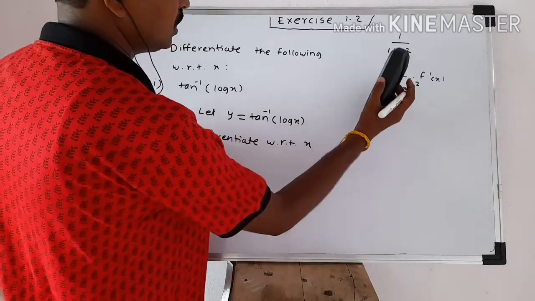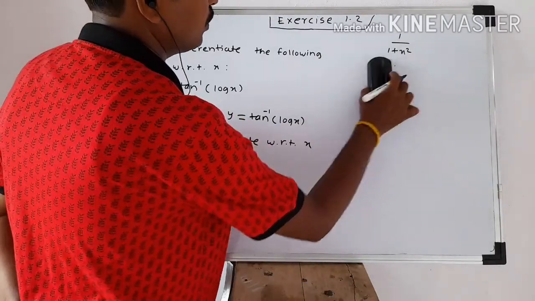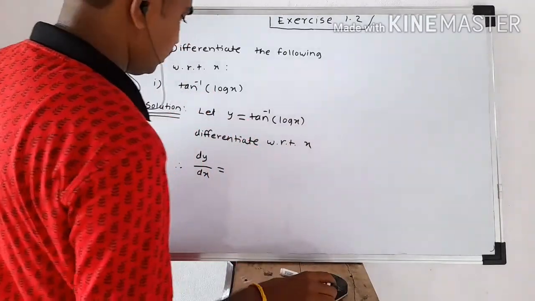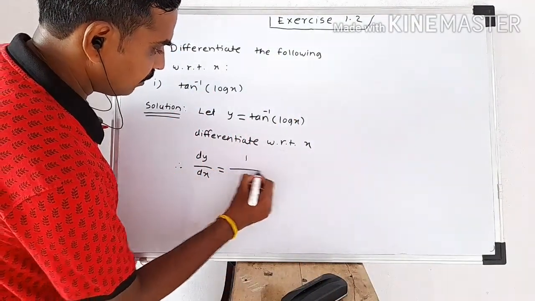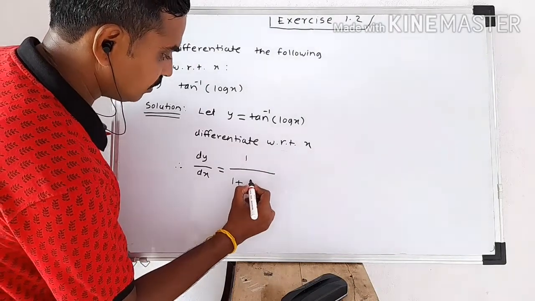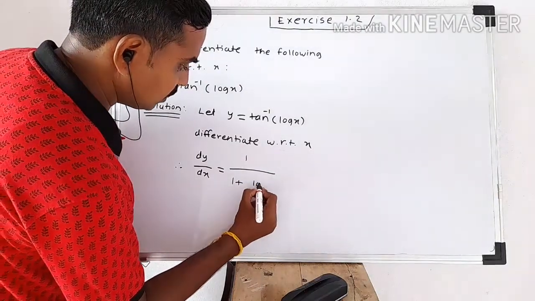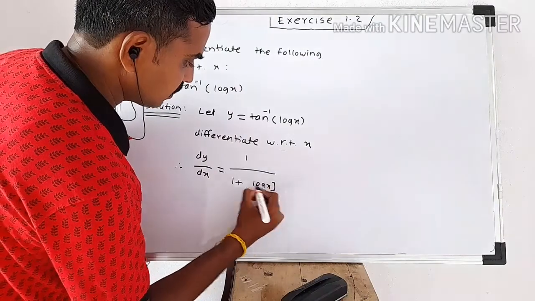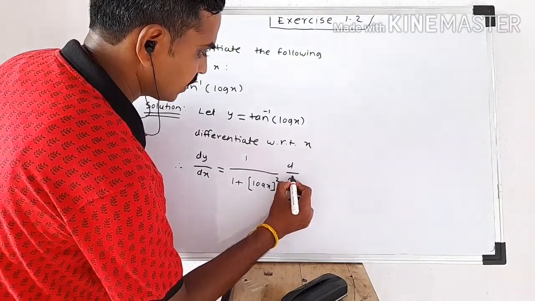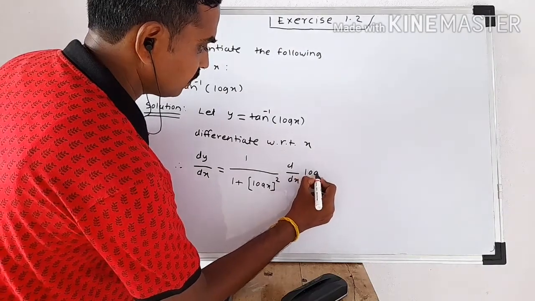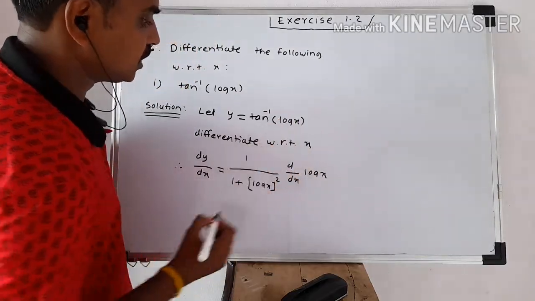Now we will use this complete formula. Here by using this complete formula we get 1 divided by 1 plus f of x square, where f of x is log x, into d by dx of f of x, which is log x.